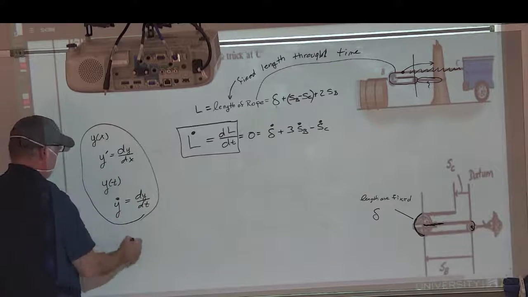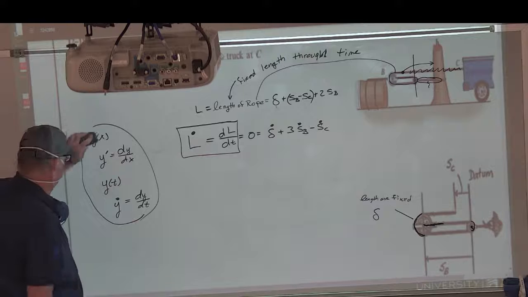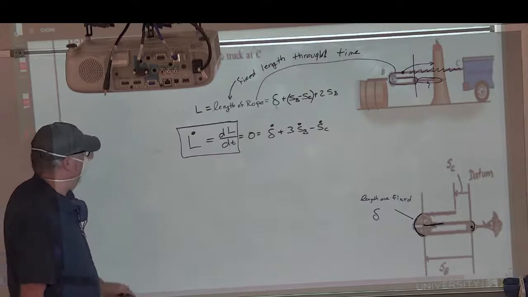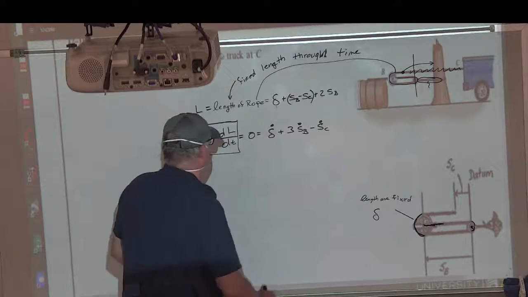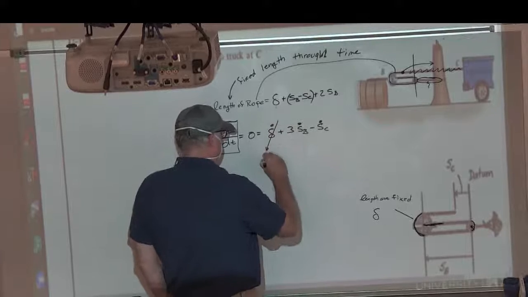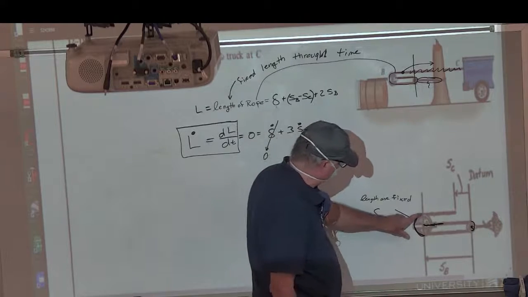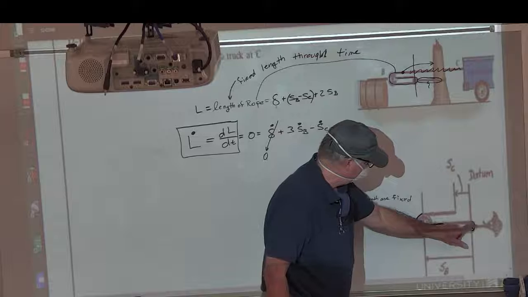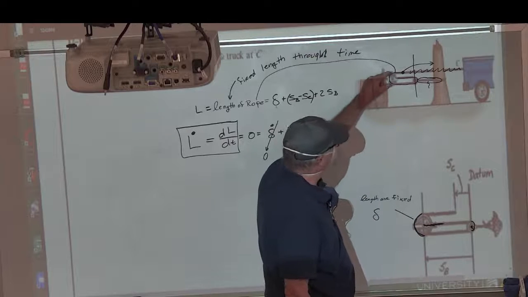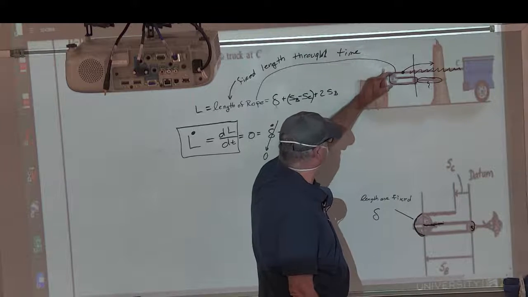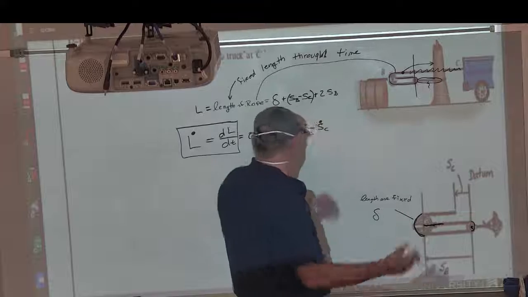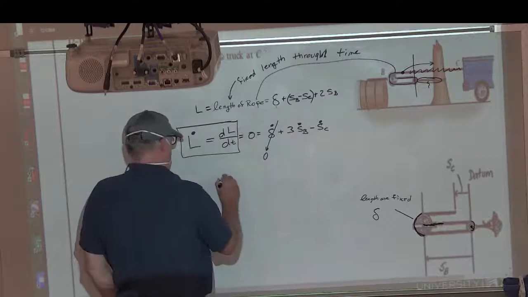Very similar, so there's a lot of dots in here. Okay, now it doesn't change. It turns out this becomes 0 because the length of the rope that is from here to here, here to here, doesn't change through time. Only way it would change through time is if the diameter somehow changed through time. That's not going to happen.